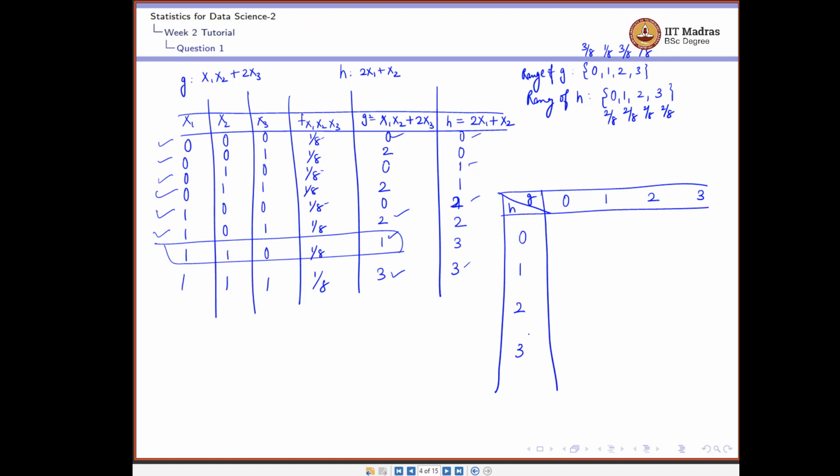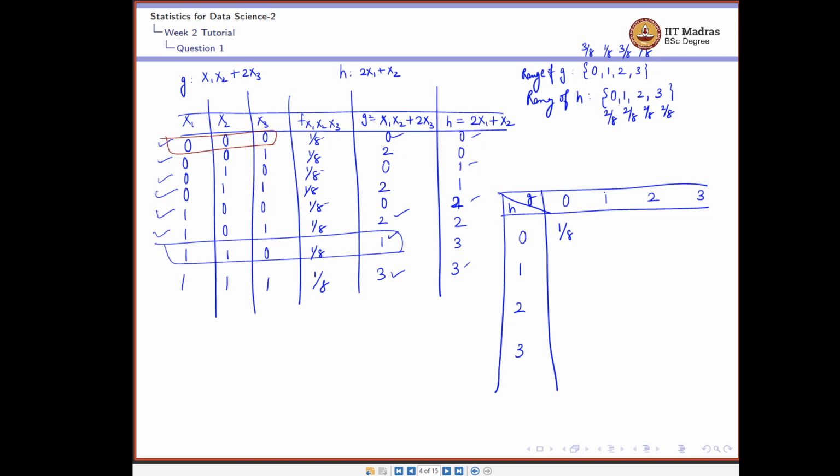What is the probability that G is taking the value 0 and H is taking the value 0? As you can see, this is happening in only one of the cases, the first one. In this case you have G equals 0 and H equals 0. So this is going to be 1 upon 8.